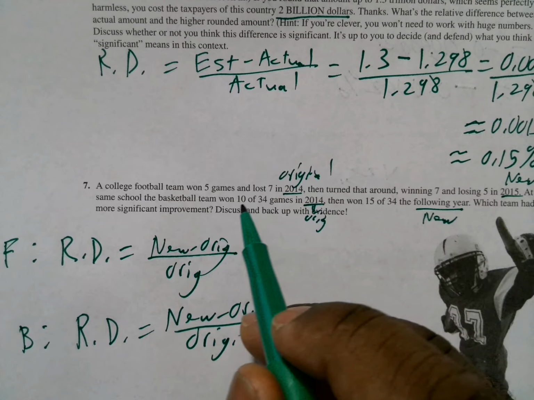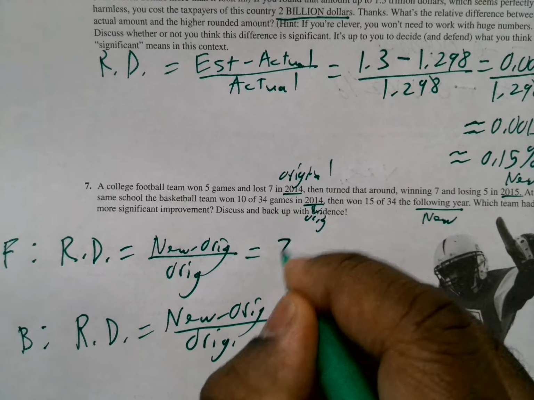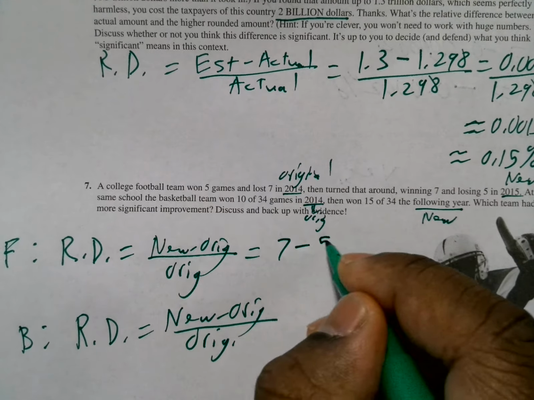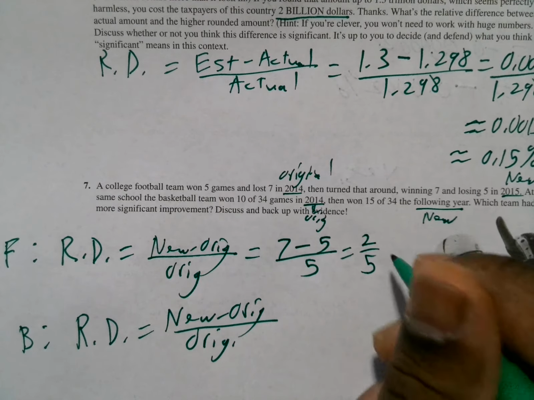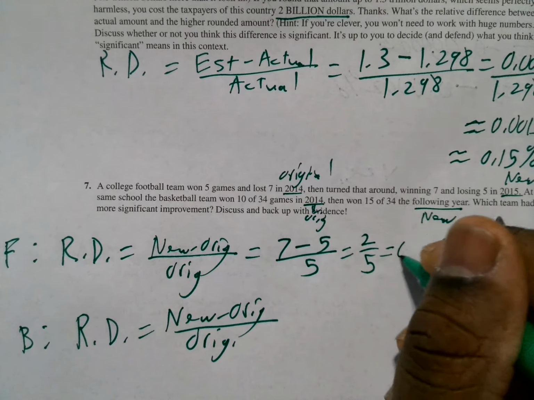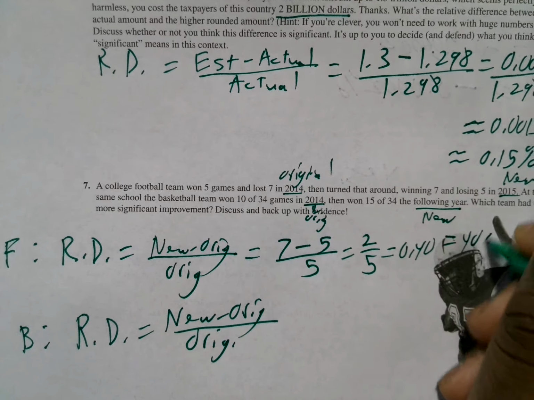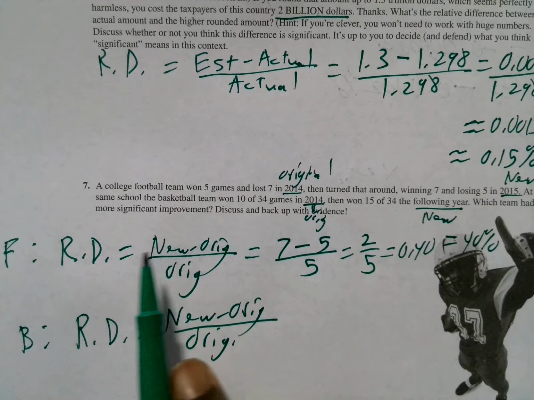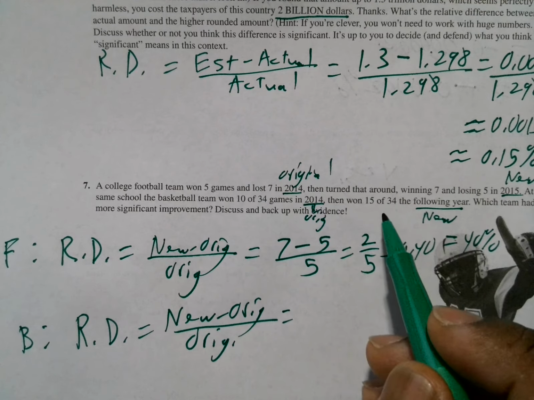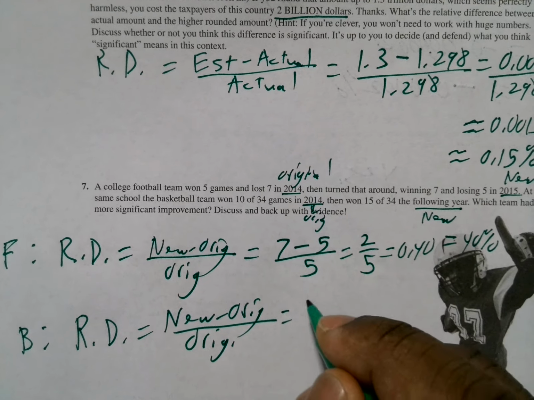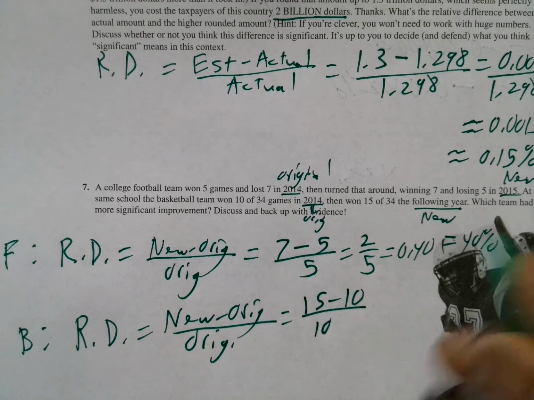So the new value here for the college football, and we're talking about the winning. So they won 7, which is new, minus 5, which is old, divided by 5. So this would be 2/5. You put in your calculator to give you 0.40, which as a percentage, it'll be 40%. So that's what the football team, they went up 40%. Now the basketball team, the new value was 15. The original value was 10, divided by 10.